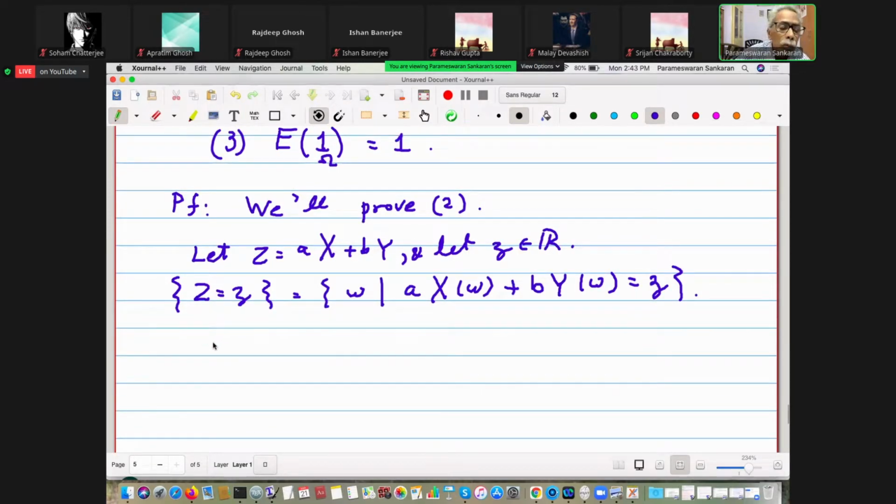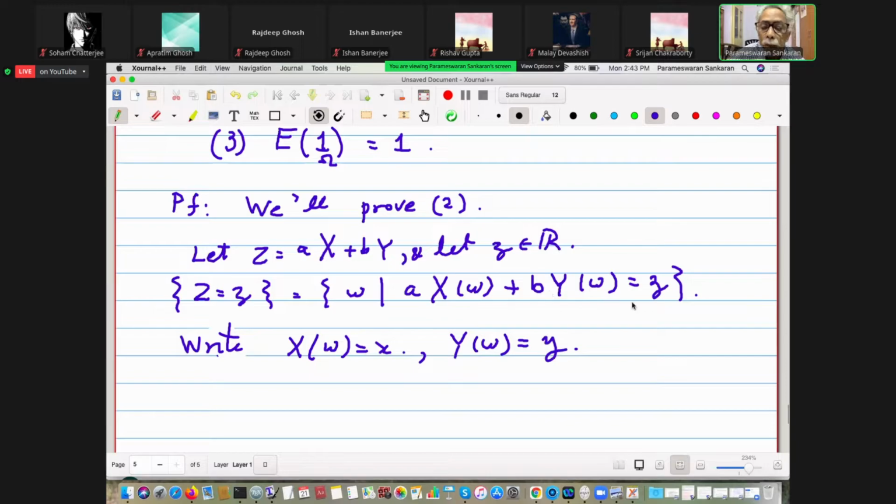So now, instead of writing that, put X(omega) equal to little x and Y(omega) equal to little y. And then what do you get? You may fix z, and a is fixed, b is fixed, a is given already there in the statement. But you see, you have a whole straight line of solutions.